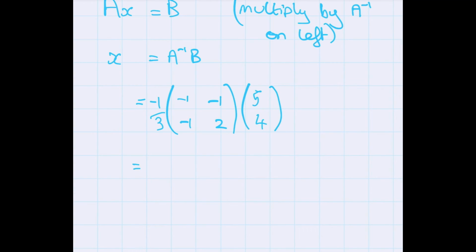Okay, so let's calculate this. It's going to be minus a third, then minus 1 times 5 plus minus 1 times 4 is minus 9. So that's multiplying these with these. And then for the bottom bit, we multiply these with these.